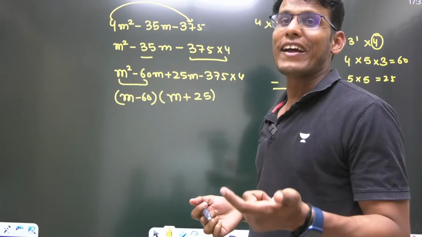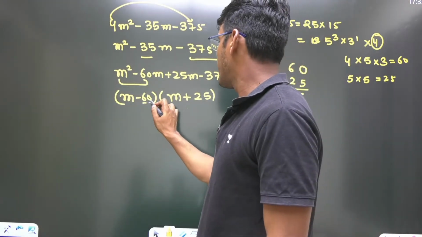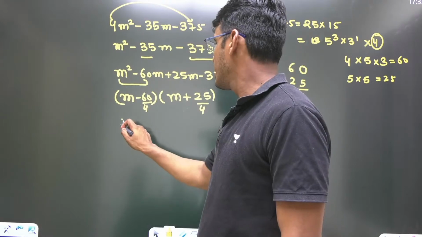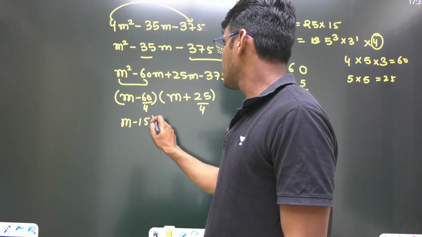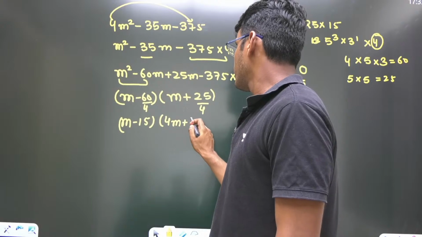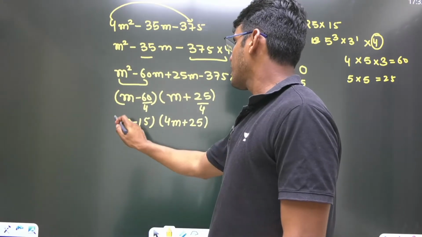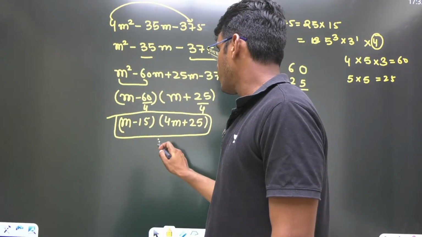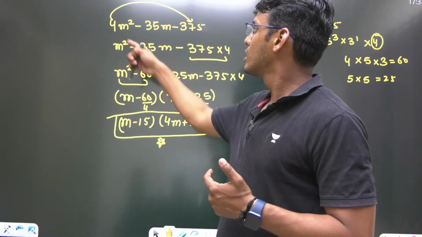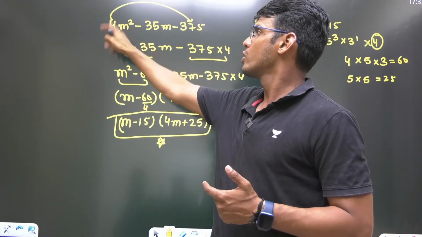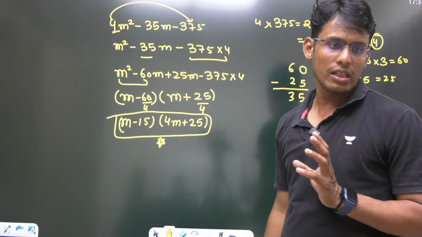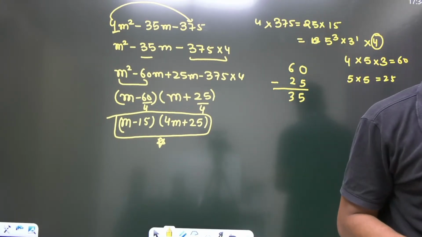So this is the final adjustment. You just have to divide by the same number, and then take LCM, and you get the final answer. This is a factorization technique which we use when we have some coefficient of m square. Am I making sense?